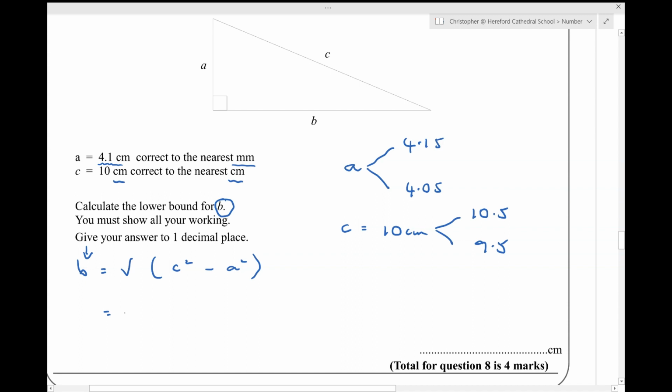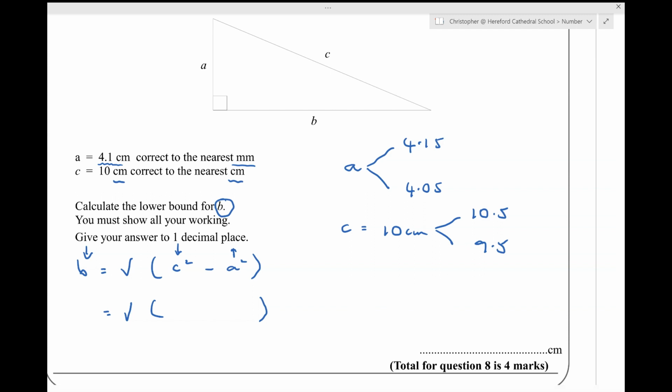So that means you want the contents of this bracket to be as low as possible. That means you want the lowest possible C squared, but the highest possible A squared, because only then will the contents of the bracket be as low as they possibly can.